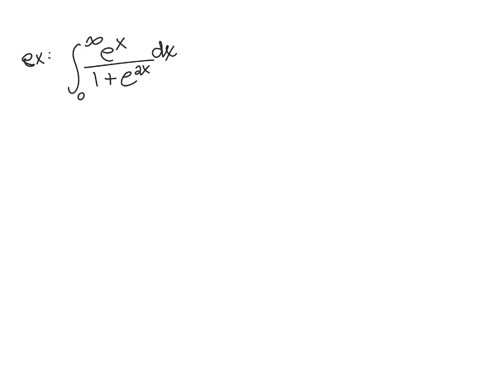Okay, for this problem, notice please that the powers of e are different. This e to the 2x and e to the x, this is just e to the x squared. So I have 1 plus something squared and the derivative of the something on the top. This is an arctan. A is 1, u is e to the x, the derivative of e to the x is in the top.